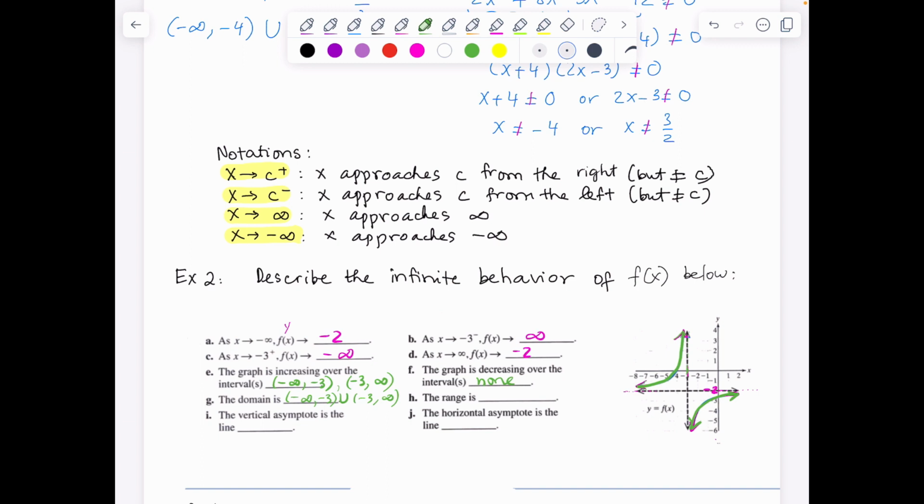Okay, the range is very similar, but this time we're looking from lowest to highest. So lowest, I see that it goes down to negative infinity, and highest, I see that it goes up to positive infinity.